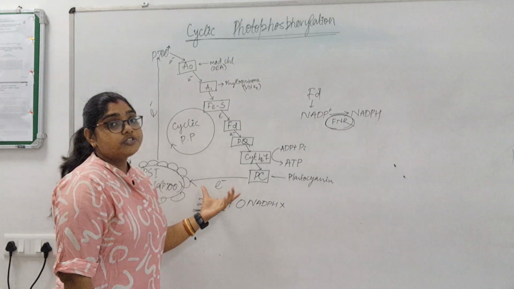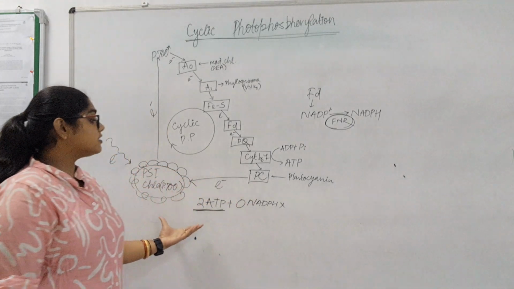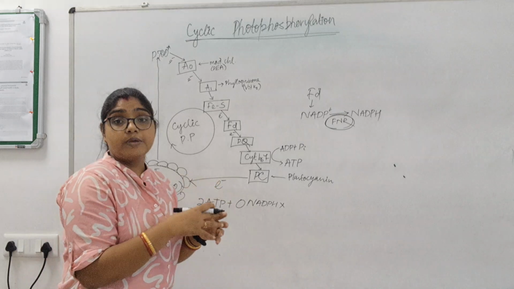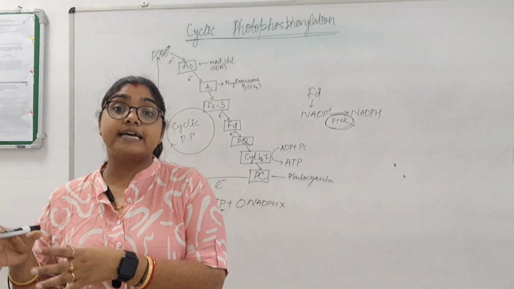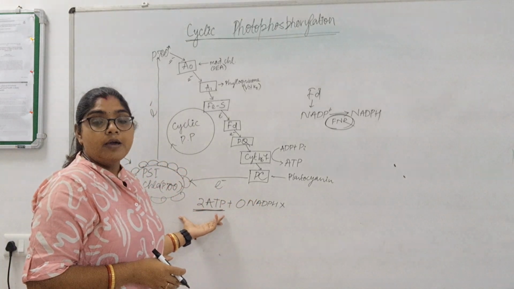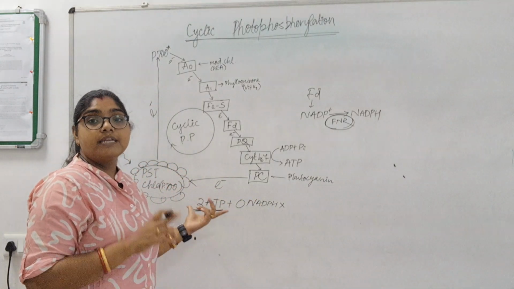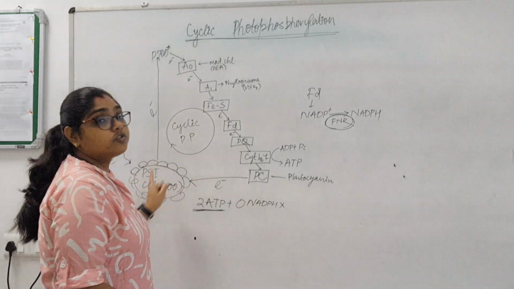Now, what is the location of this cyclic photophosphorylation? As we have discussed, non-cyclic photophosphorylation takes place in the grana thylakoid, but cyclic takes place in the stroma, because in stroma there is no presence of photosystem 2. As we see, there is no involvement of photosystem 2.